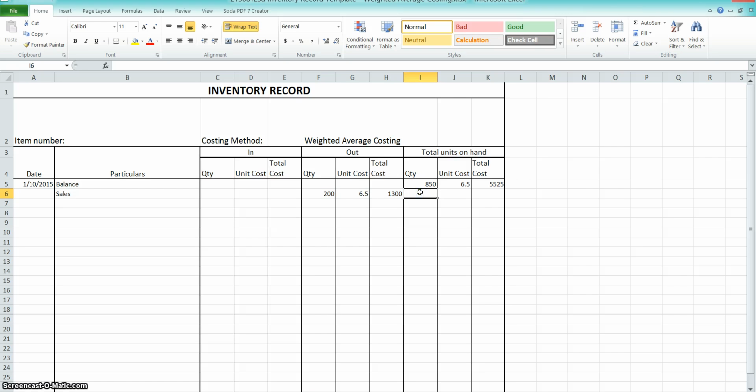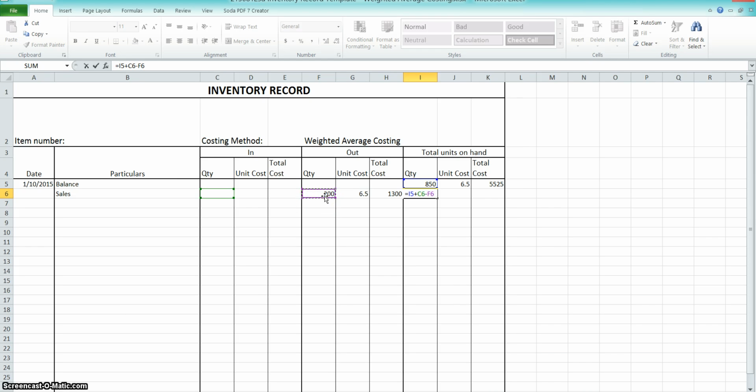Quantity in our total units on hand. What we're going to do is set up a formula which will allow us to just click and drag to fill in every other cell below here. So we say equals our old quantity, the one above, plus the quantity of any units coming in, minus the quantity of any units coming out.